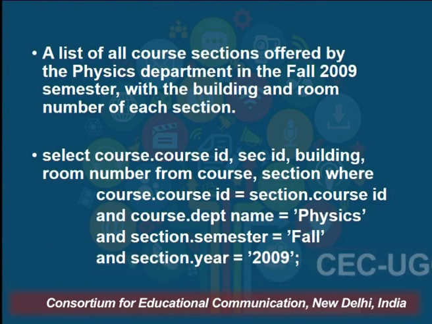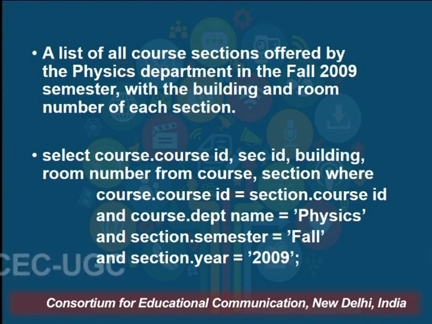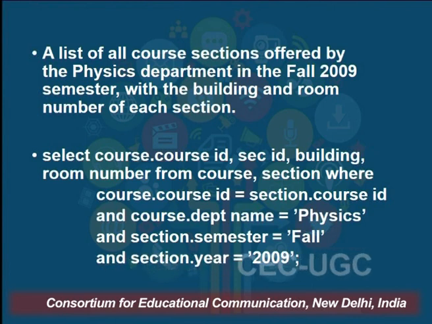That means the course ID should match in both relations. Apart from that, the and clause follows: and course.department name equals physics, and section.semester equals fall, and section.year equals 2009.